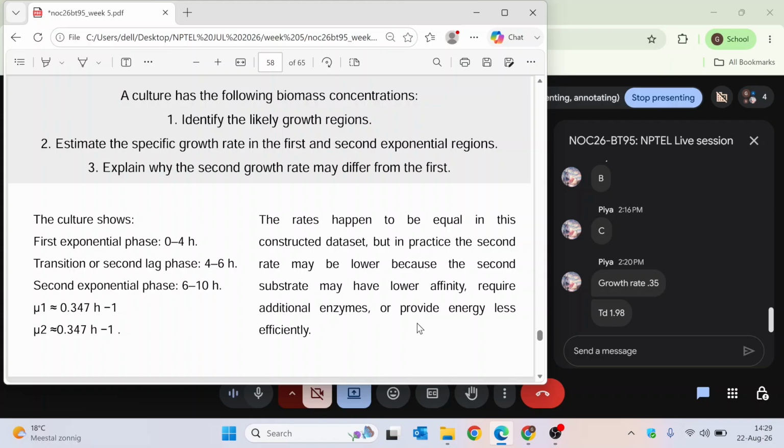The organism first eats glucose because its affinity to glucose is higher, the Ks value will be lower, and only for that reason it eats this substrate first and then the next substrate. Because of that, there will be a change in the specific rate also. In the given example we are not seeing that, but in real time we can see it.